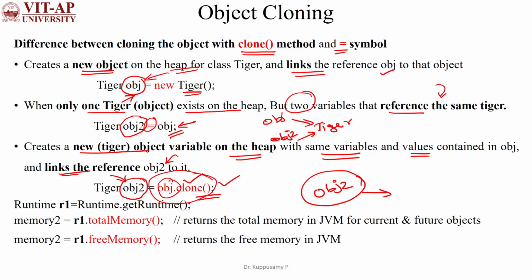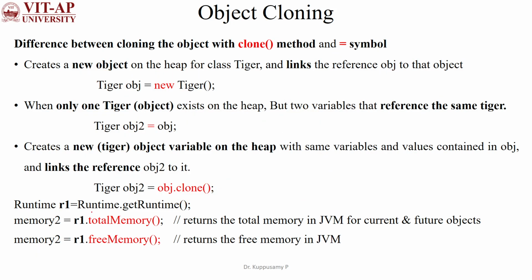Based upon that, if you want to see which object is running in the current JVM, by using R1 it will give you getRuntime. Then if you want to see the total memory available in the Java environment, that will be given by the totalMemory method.